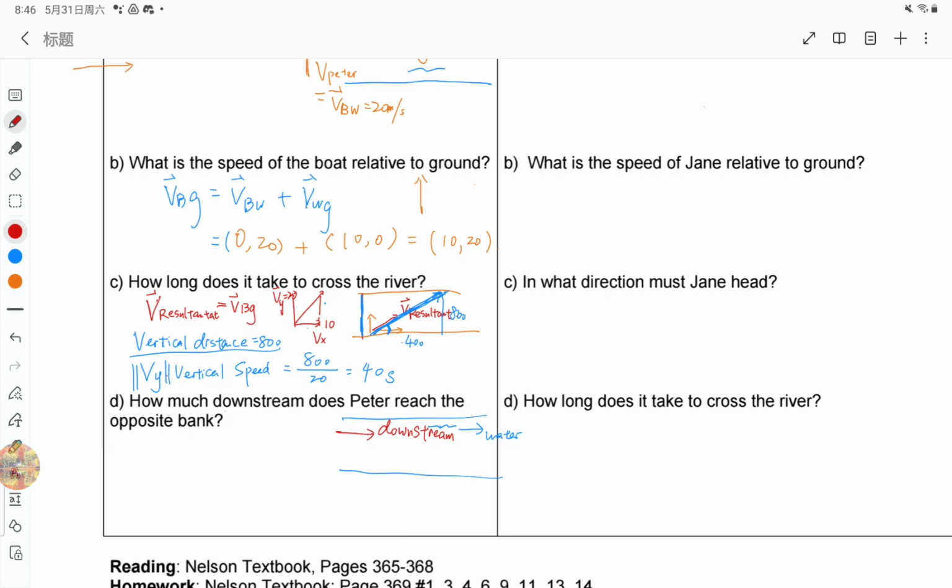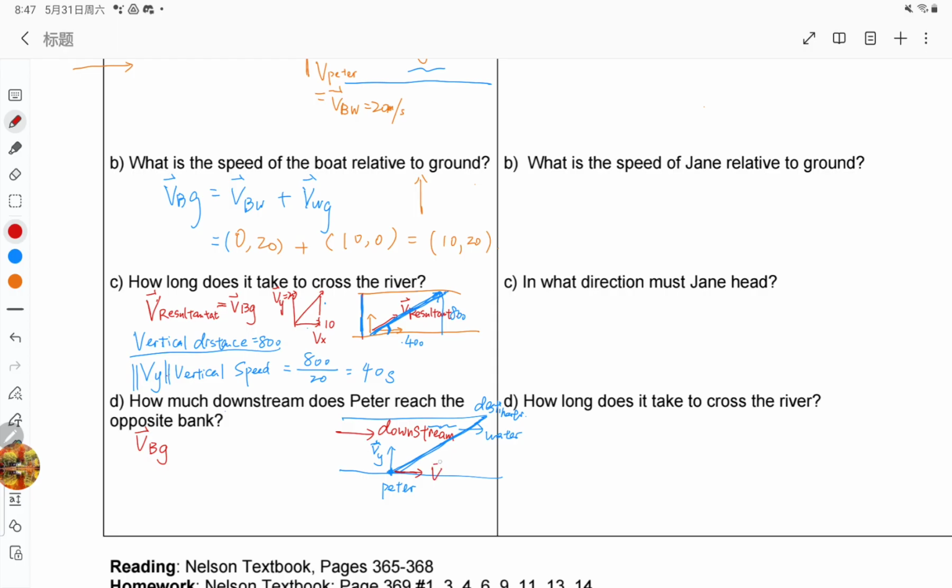So VBG. After Peter is traveling in this direction here, right? So Peter here, and then the destination. However, the vertical Vy doesn't contribute to the horizontal distance, right? What contributes to the horizontal distance is just the water flow here.